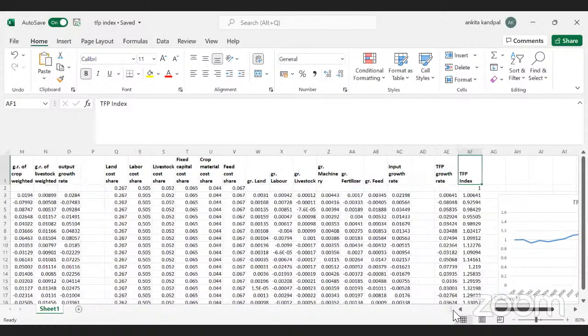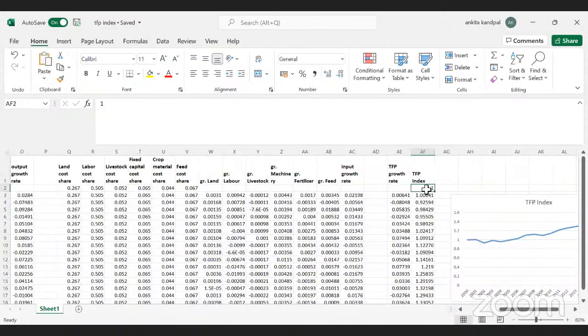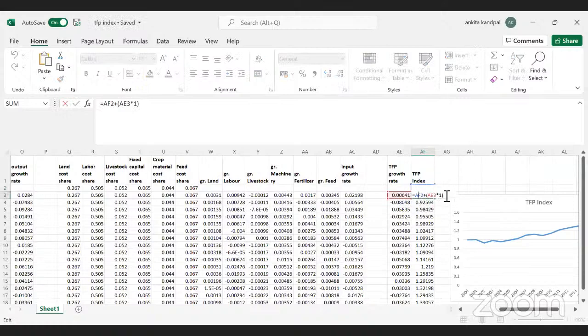For calculating the TFP index from the TFP growth rate, we will take the first year index as 1, then see what happens to TFP in the subsequent years. For the next year, the index will be calculated as 1 plus the growth rate of 2001, multiplied by the index of the previous period.